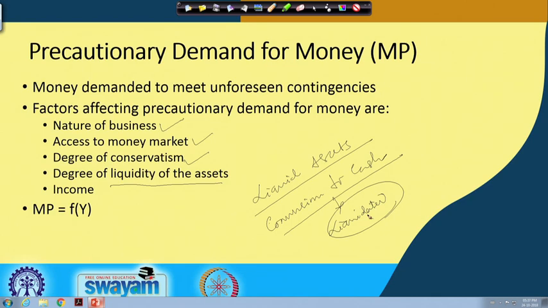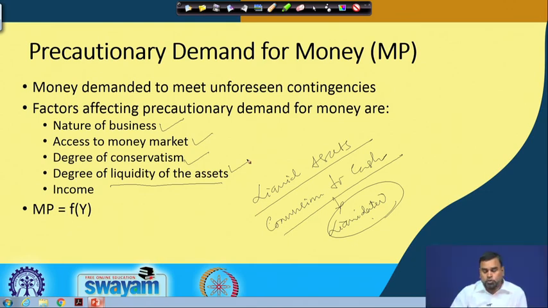Then whatever assets the company or individual is holding, what degree of liquidity do those assets have?